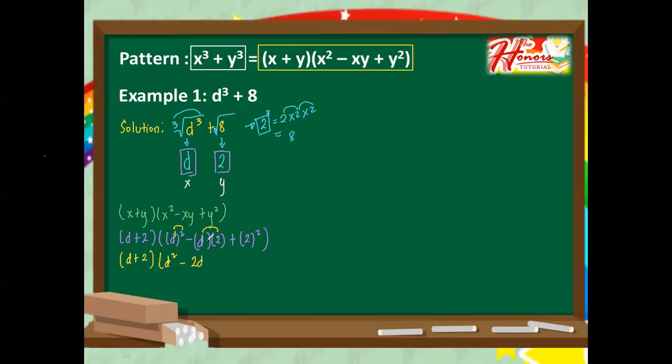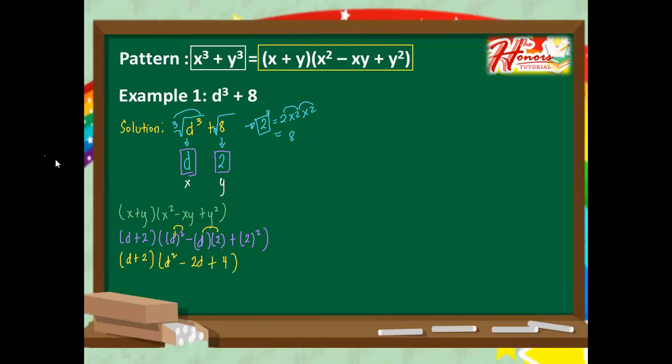Do not write d2, because in our rule in algebra, when you are writing constant and variables together, multiplying them together, then for your product, you should write the numerical coefficient first before the letter itself or the variable. Plus 2 raised to 2, that's 4.